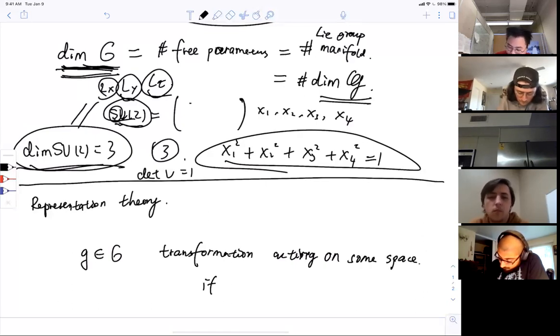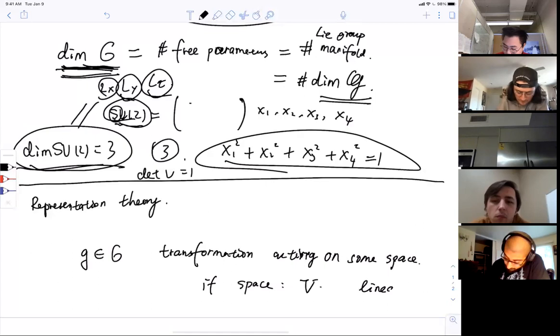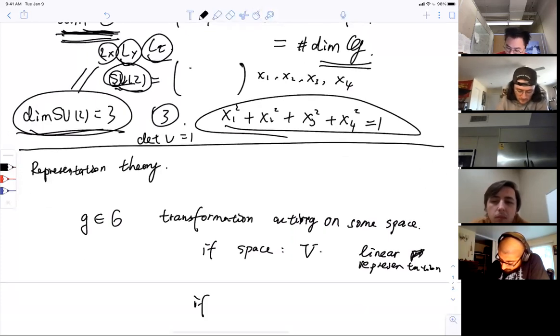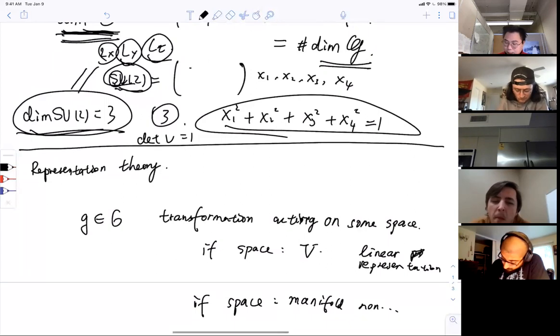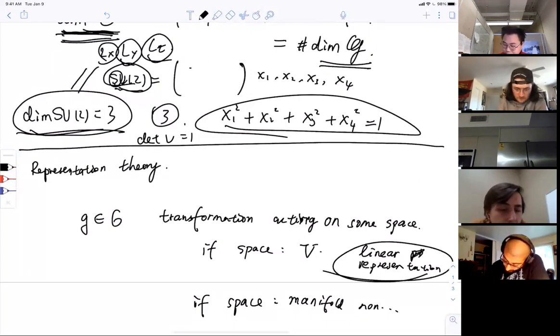So if this space is a vector space, then we call it a linear representation. If this space generally is a manifold, then we call it a nonlinear representation. And for us, the most relevant representation is a linear representation.